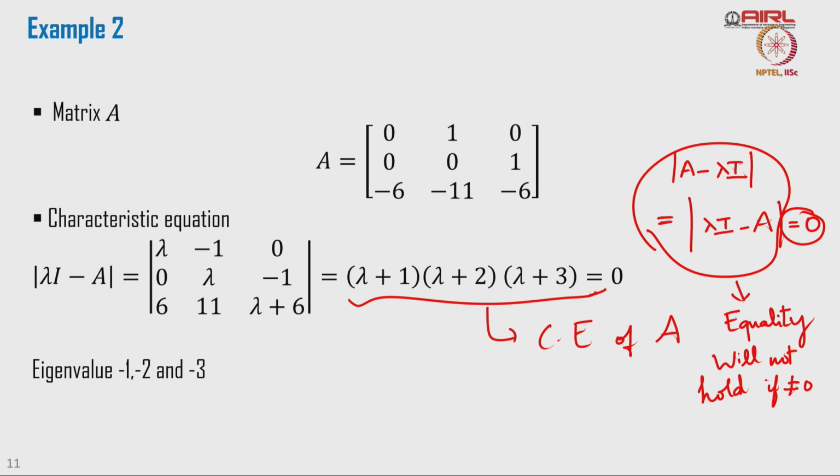So we can write this because we are equating them to 0, and from here we can easily tell that the solutions are going to be lambda equals minus 1, lambda equals minus 2 and lambda equals minus 3, because if you substitute any one of those values, this term will equate to 0.